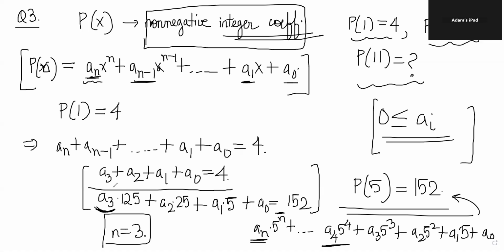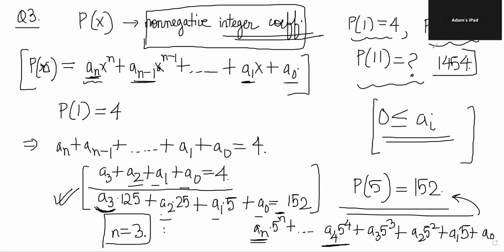Then you are left with only 3 variables, a_2, a_1, a_0, right? Then most likely you should put a_2 as 1 so that you get to 150, and after that you can put 0 and 2 maybe, right? So it's not very difficult to solve, and you can get P(11) also, it will be 1454.